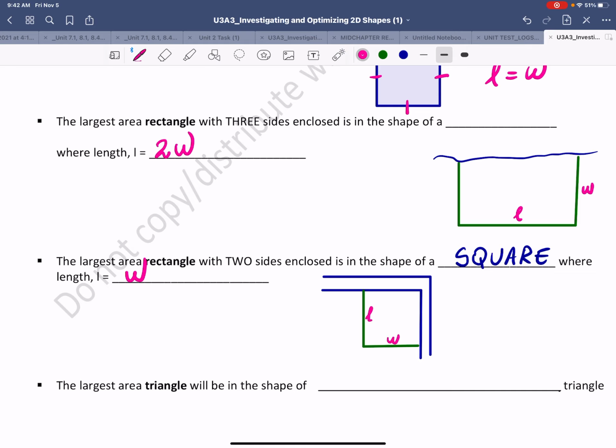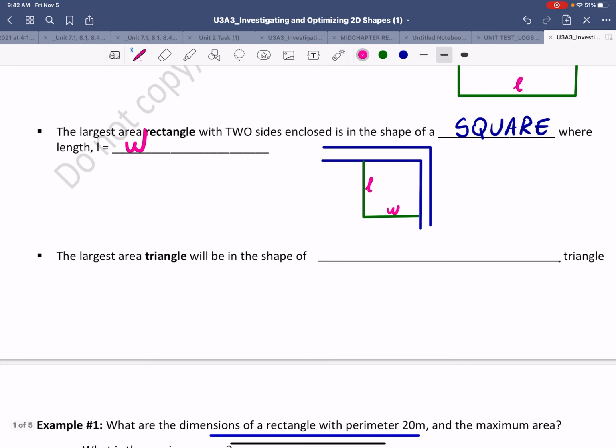Okay, now when it comes to triangular shapes, we're going to say that the largest area triangle will be in the shape of an equilateral triangle.